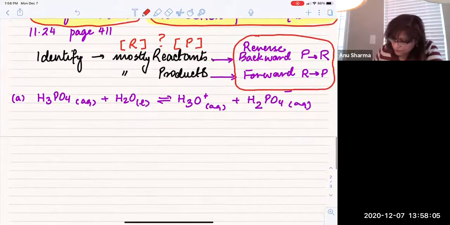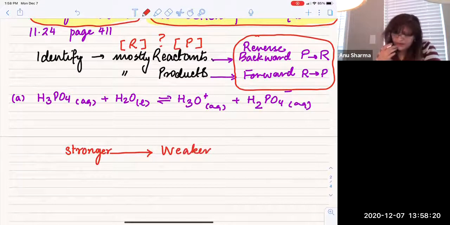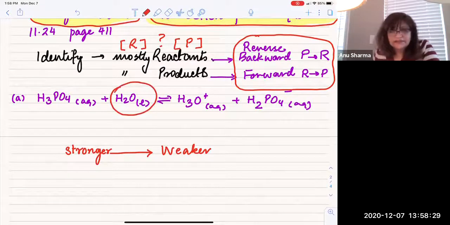So here's the formula: the direction of the equilibrium is going to be from the stronger to the weaker side. Here you have the H3PO4 aqueous, water. Remember, water, we never identify it as an acid or a base. Don't start with that because it's confusing. Water is amphoteric.